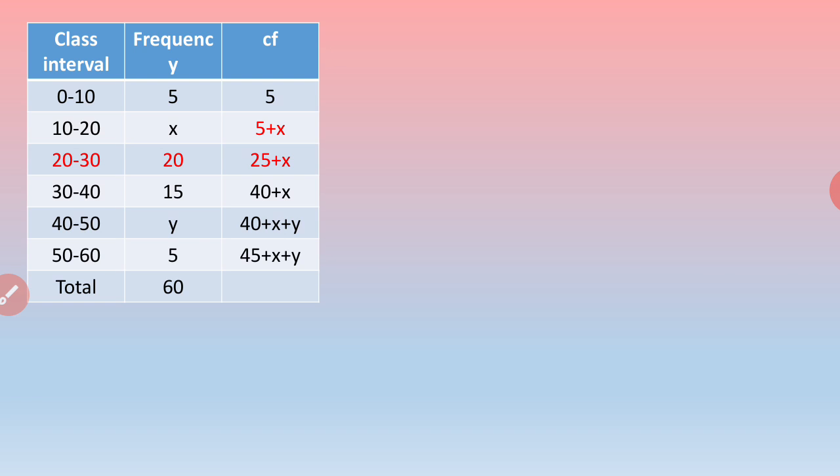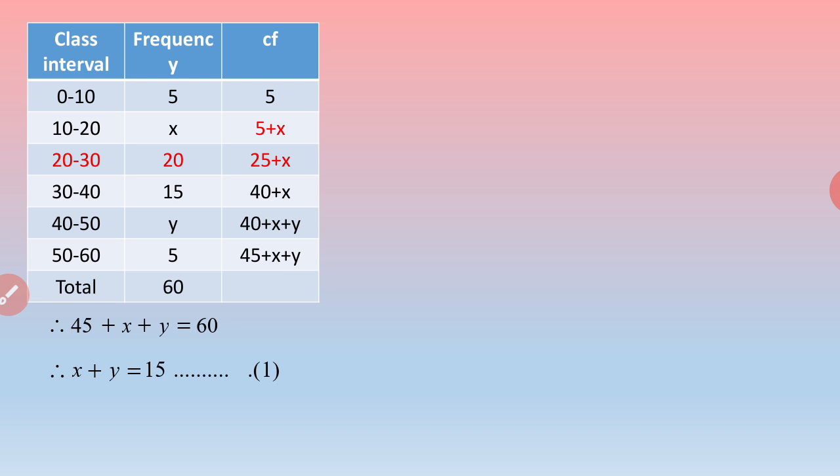The total frequency is here 60, which is there in the question itself. And we have been told about the median also. Here, as we know that the total frequency is 60, but our calculation tells us that the frequency is 45 plus x plus y, we have equated those two and we have generated one equation in two variables.